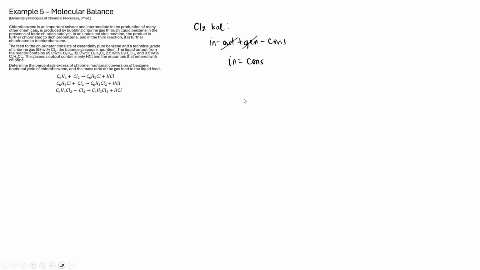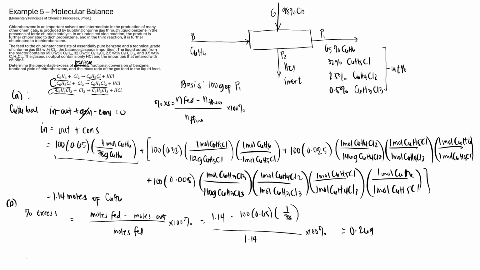What's interesting here is that Cl2 is very close to the C6H6 balance. We just do not include this part. So if we take 1.14 and we subtract it to 100 times 0.65 times 1 over 78, that'll give me the answer.